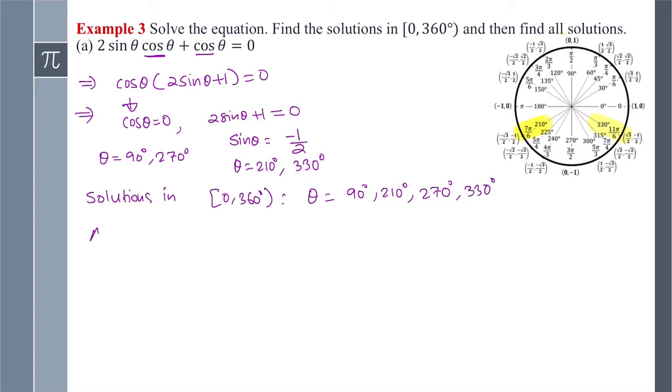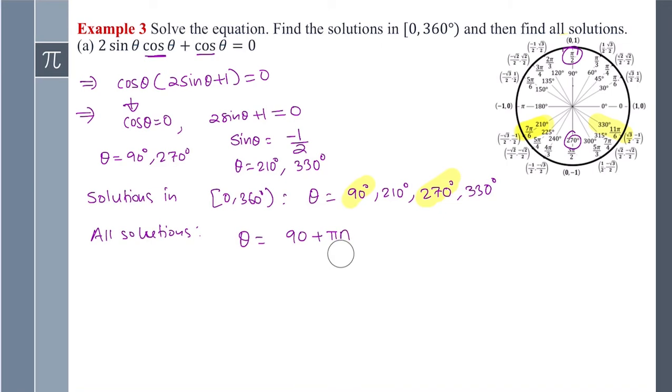Now, all solutions are theta equals 90 plus. Again, we have 90 and then we have 270. We can either do 90 plus 2 pi n and 270 plus 2 pi n, or we can put these two together, 90 and 270, and say that this is 90 plus pi n, which means, sorry, we're not going to write pi, we have to write 180.